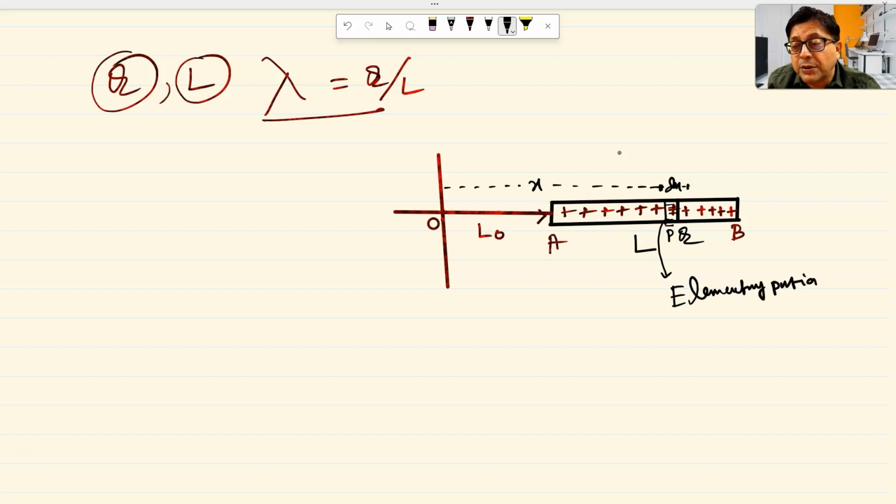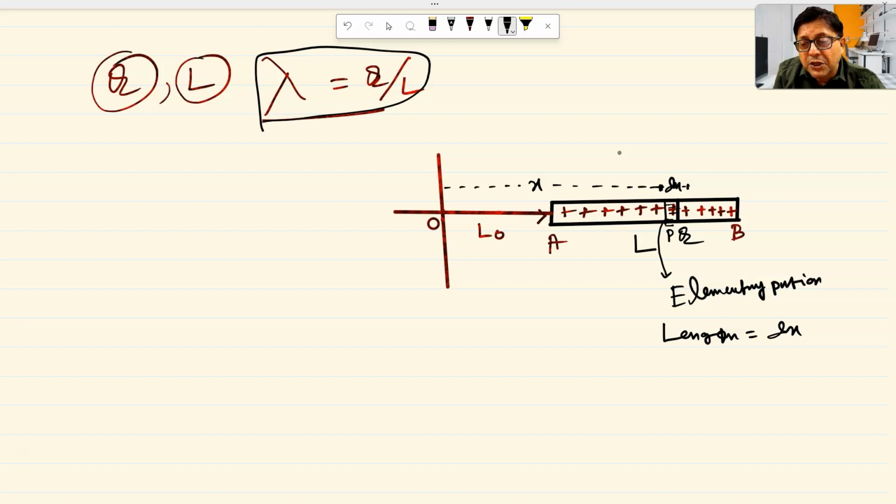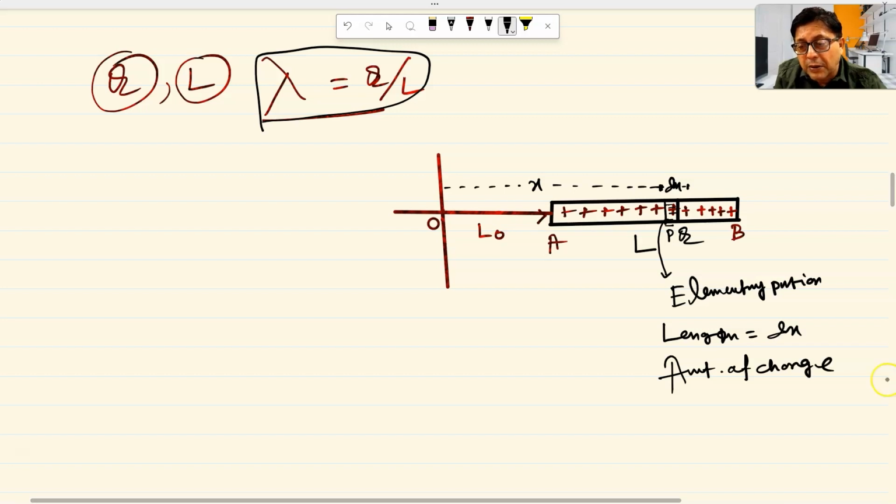So this elemental portion is carrying how much charge, that you need to find. The elemental portion has a line density of charge. You have taken lambda, which is total charge divided by L. If the total charge is not given but lambda is given, that is also fine. So this elemental portion is of length dx. The amount of charge on this elemental portion will be equal to lambda into dx.